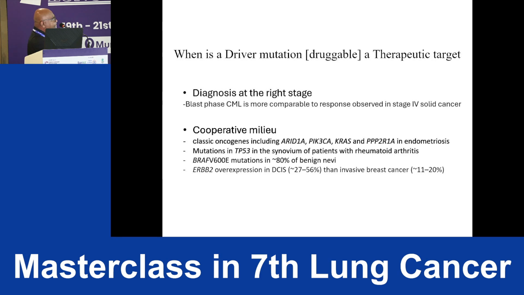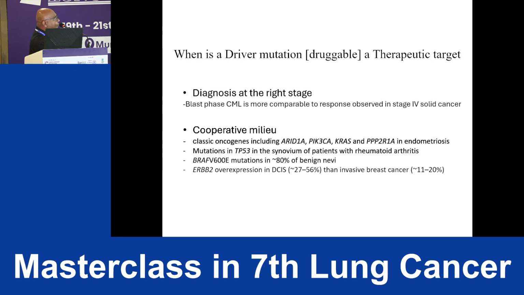What is important, and I wanted to draw your attention to, is that driver alterations such as ARID1A, PIK3CA, KRAS are associated with endometriosis, which has nothing to do with endometrioid cancer. And lo and behold, their VAF, which I couldn't talk about today, is significantly high. So these are driver alterations at a high VAF, but still they are not associated with cancer. They are not targetable at all because nothing can be done about it.